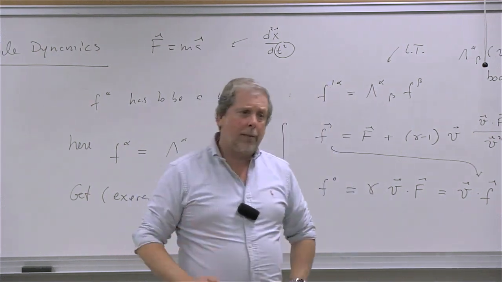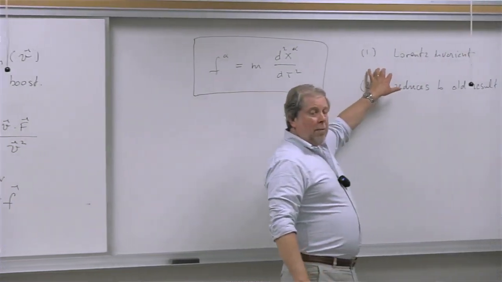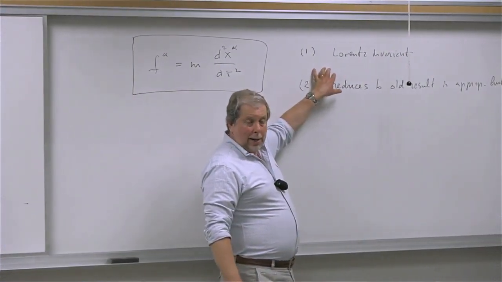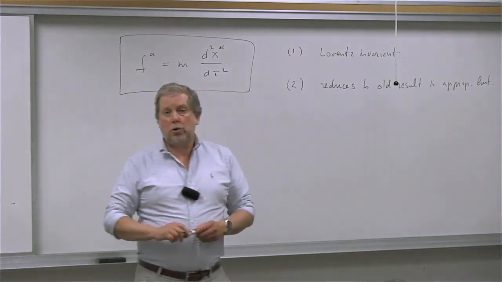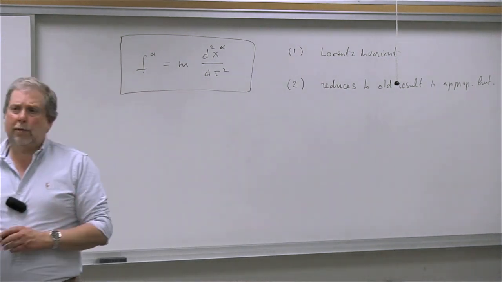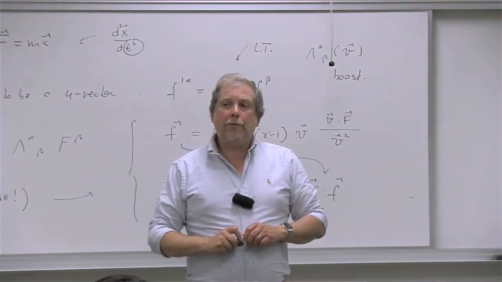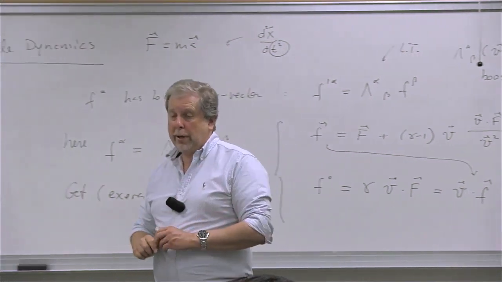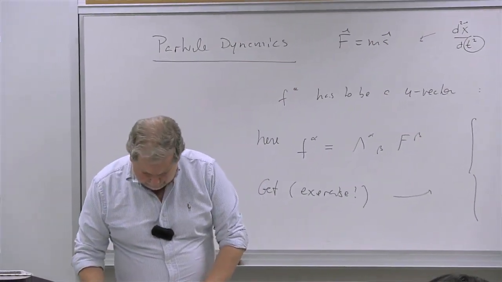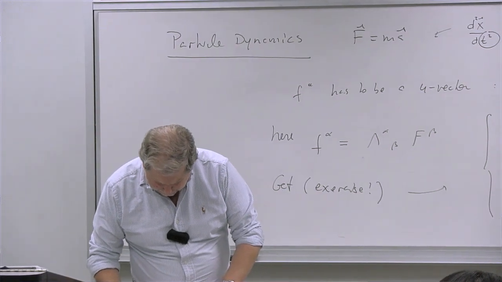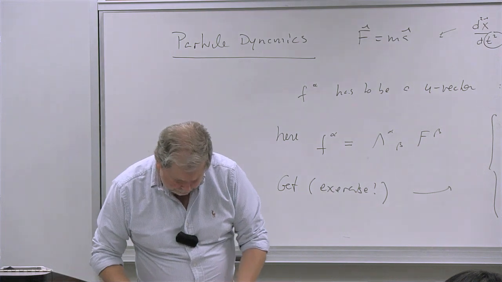Well, you're going to play the same game. You're going to write down something which is manifestly invariant, and then you're going to go to a frame where you actually know what the form should be, right? The non-relativistic limit, for example, and that will fix the coefficients of various terms that will generally uniquely determine what the form should be. So it's a very nice way to proceed, and we are going to use that in a number of cases.